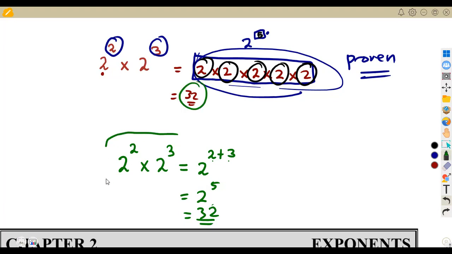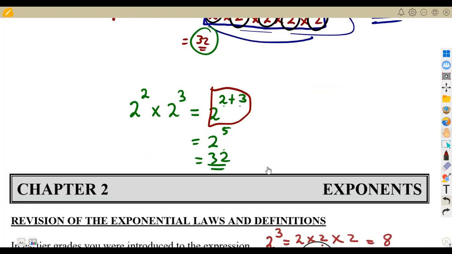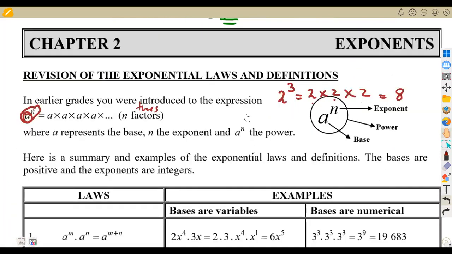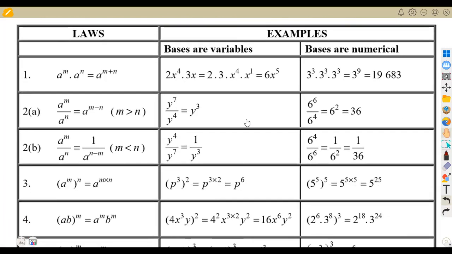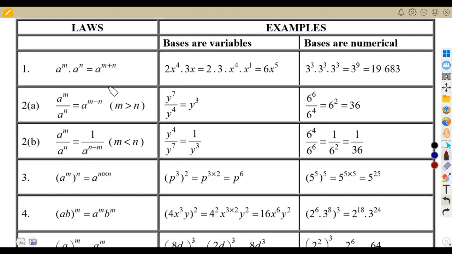So this now brings us to the laws. We have proven that what we see here, and expanding it the normal way, are the same. So that is what we see in our laws. The first law that we're going to consider is what I've just explained: on a condition that your bases are the same, you're going to add the exponents.